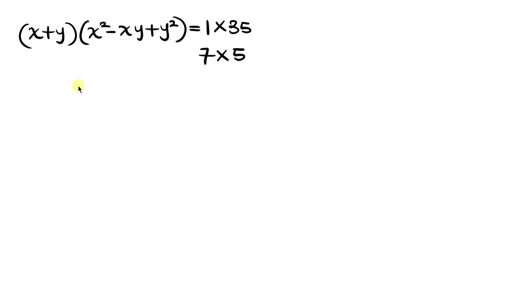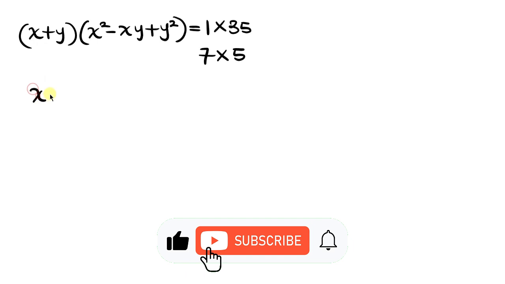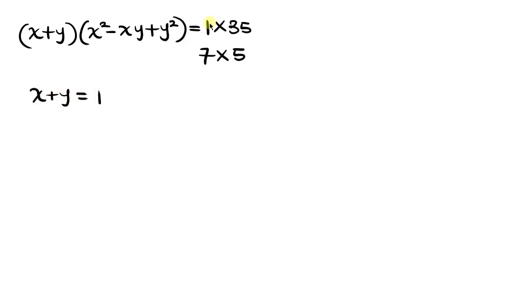So we have two cases. For the first case, we have x plus y to be equal to 1, since it is the smaller factor. And we have x squared minus xy plus y squared to be equal to 35.